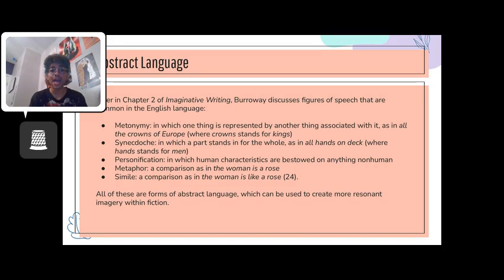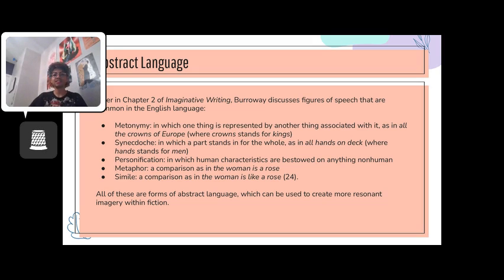When I'm talking about abstract language, I'm talking mostly about what Burroway in Chapter 2 of Imaginative Writing defines as figures of speech. The English language is very vast and very complicated, and these are various ways that it can be vast and complicated.